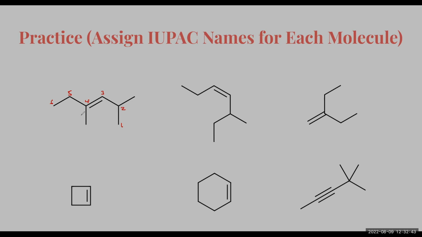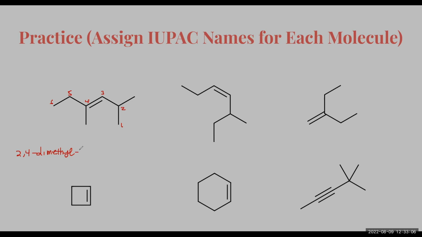On the 2 and the 4, we have methyl groups hanging off of it, so we can write 2,4-dimethyl. And this is going to be a 6-carbon chain.